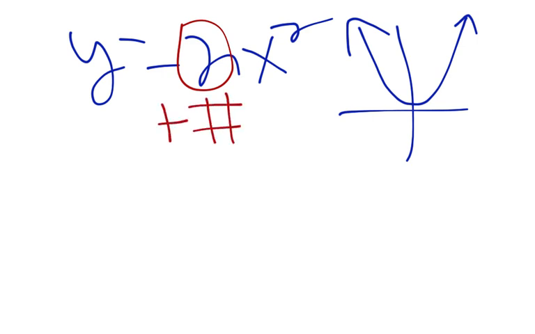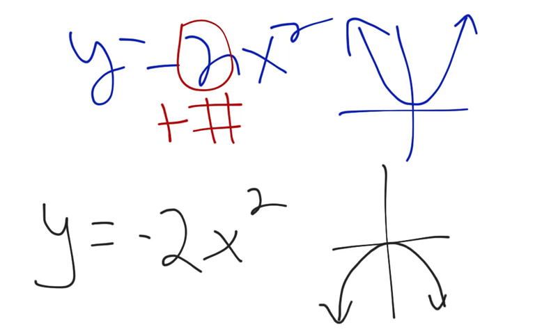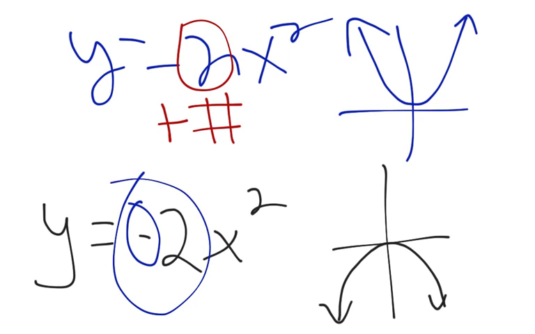Now if you had a function that was y equals negative 2x squared, then your graph would look mighty different. It would go off to negative infinity, again because the leading coefficient is negative. That means it's going to fall as x gets really big or x gets really small.